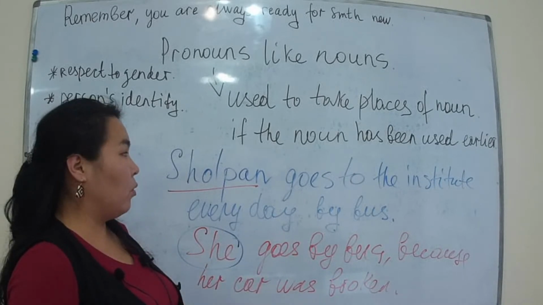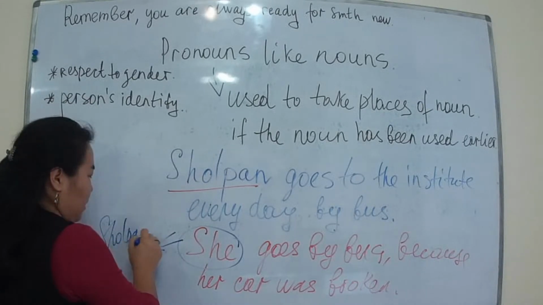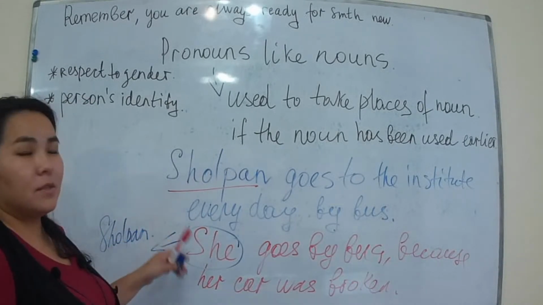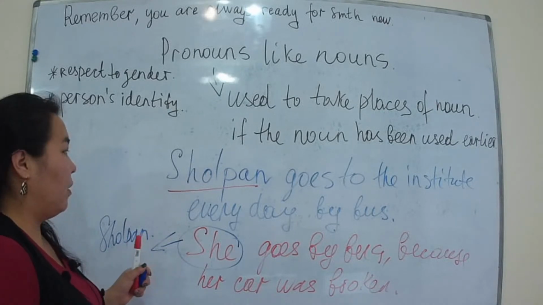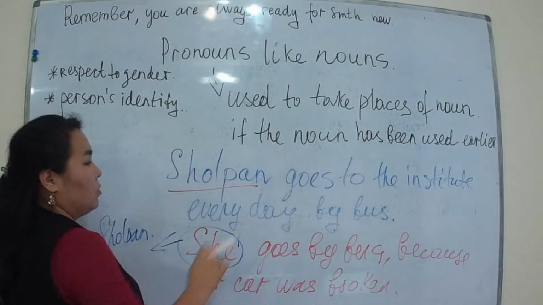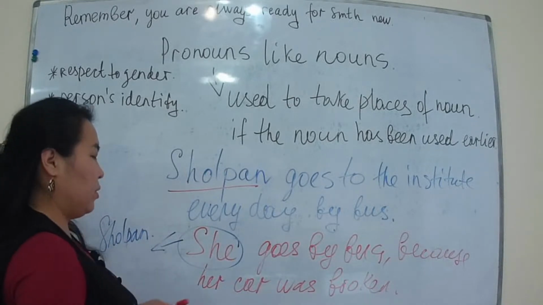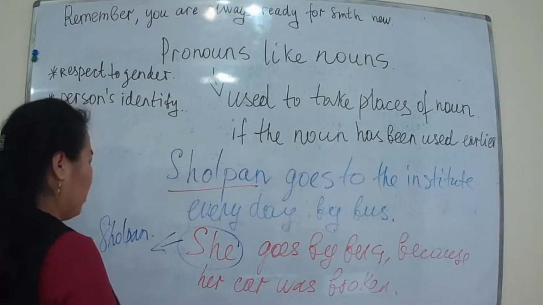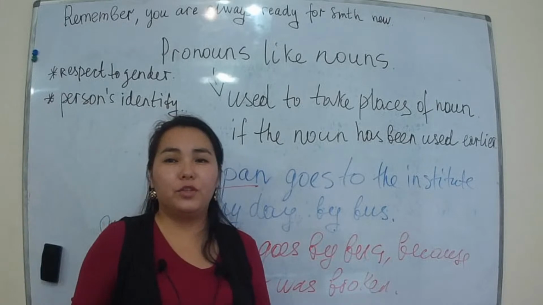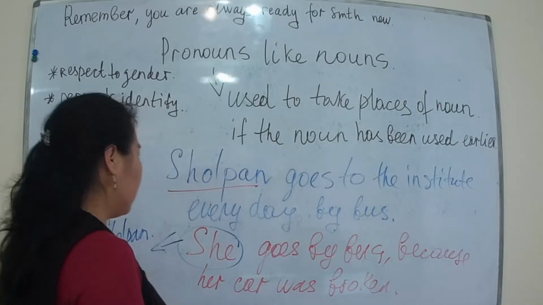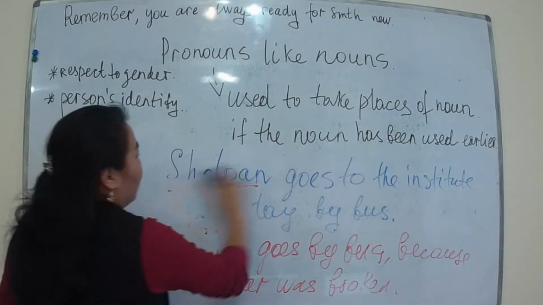Instead of this pronoun, of course, we can say Chopin again, but it sounds unusual. If we say Chopin goes to the institute every day by bus, Chopin goes by bus because her car was broken, Chopin likes to drink a cup of tea for breakfast, and so on. So that's why in English we use pronouns.